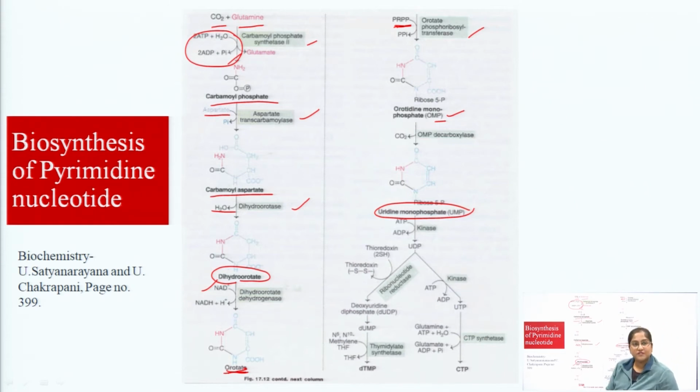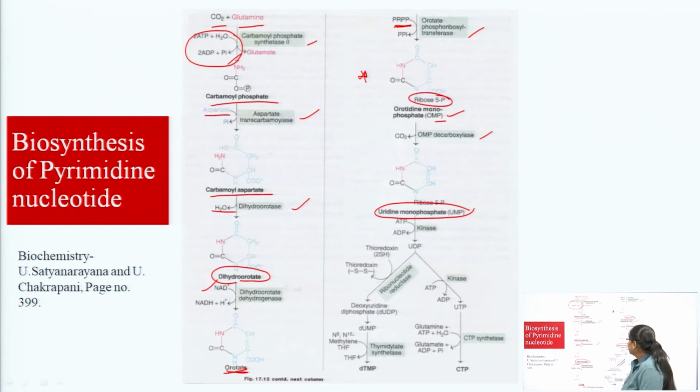Uridine monophosphate is a compound which is synthesized with the enzyme OMP decarboxylase. OMP is orotidine monophosphate, so it is orotidine monophosphate decarboxylase. And in the previous step, when we are converting orotate into orotidine monophosphate, in this step specifically we have incorporated a ribosyl 5 phosphate.